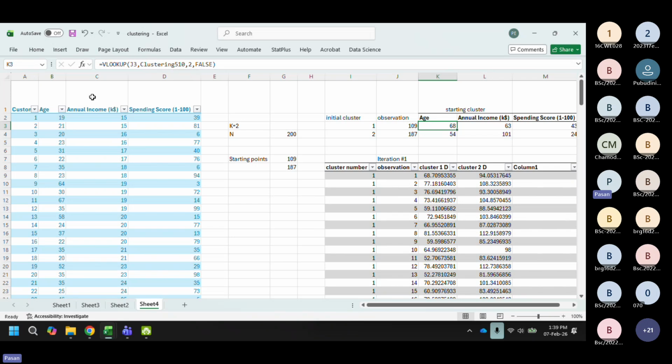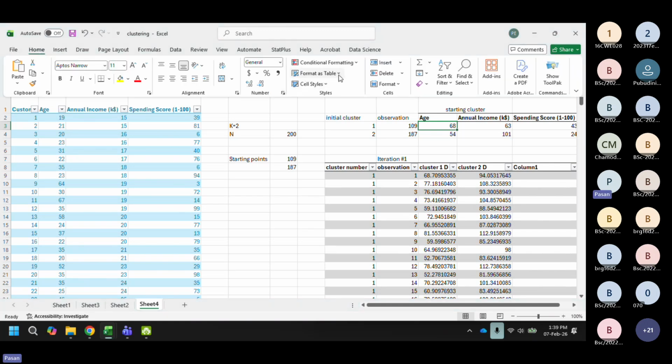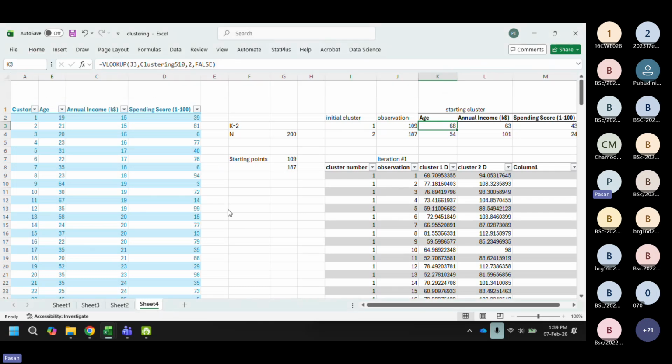So then I think I mentioned how we can get this identified as a table, right? So just select the entire table and then go to format as a table, right? Then we will get your entire data set labeled as a table, and then you can easily refer to that one, right? So you can use that clustering 510 command here. So that's going to give you the entire data set, right?